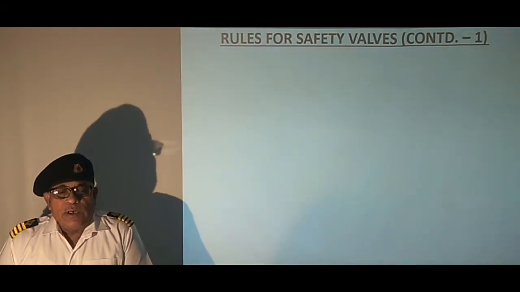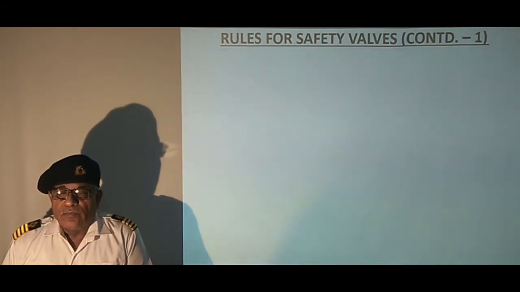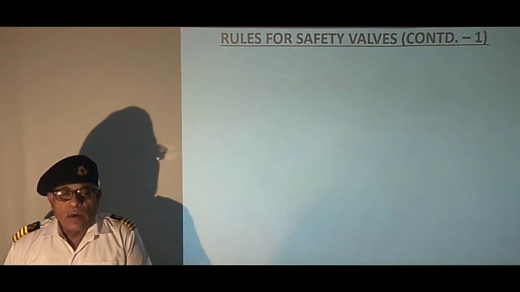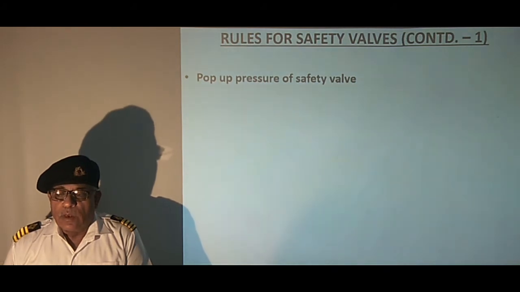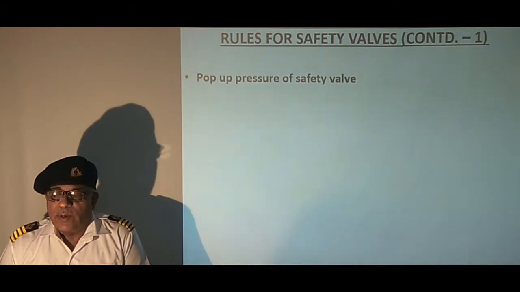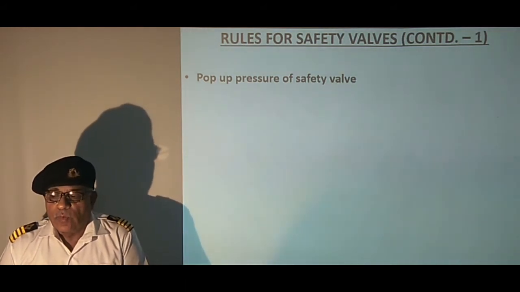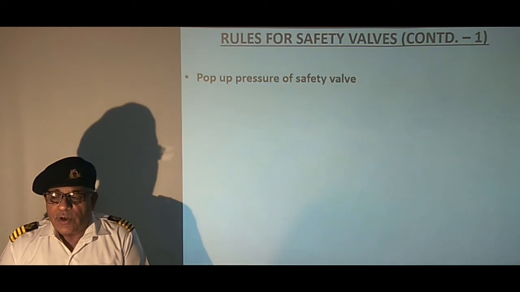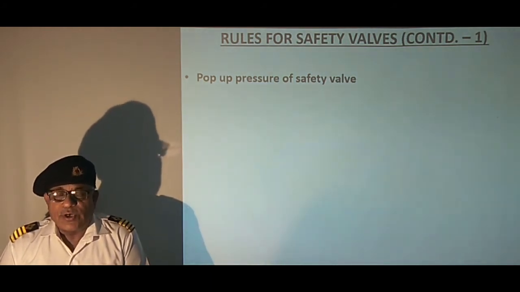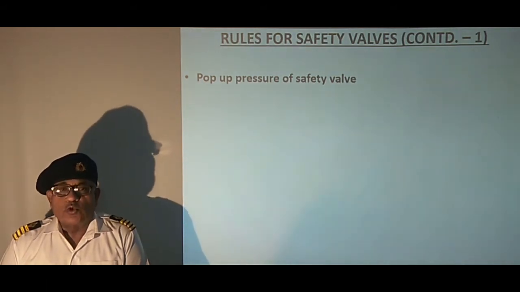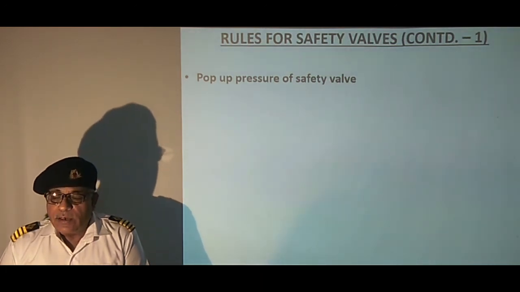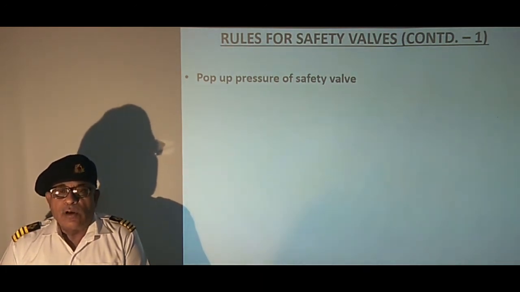Then we continue with the rules for the safety valves. First one is the pop-up pressure of the safety valve. The safety valve must be set at a pressure not above 3% of the boiler working pressure. It is usual to set the pressure of the superheater safety valve below the steam drum pressure to ensure an adequate flow of steam through the superheater to prevent its overheating during this abnormal condition.